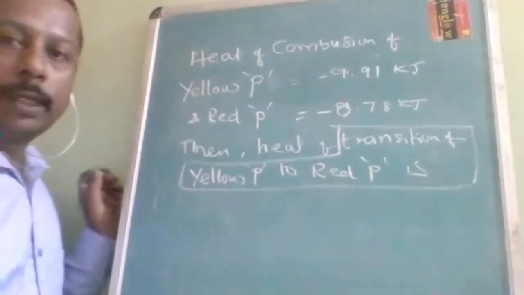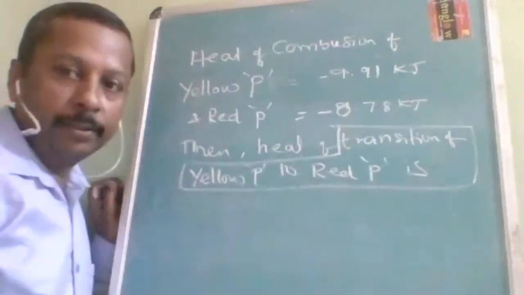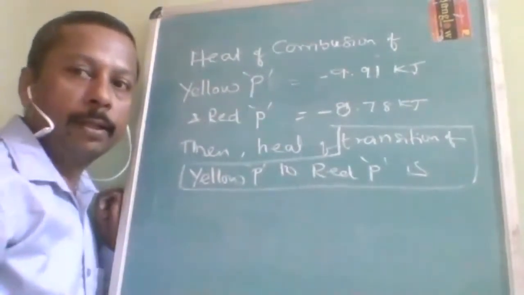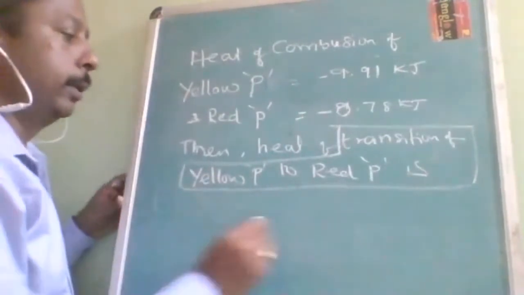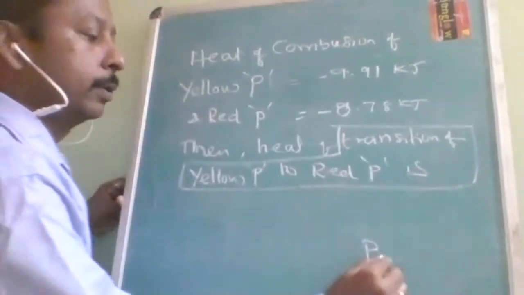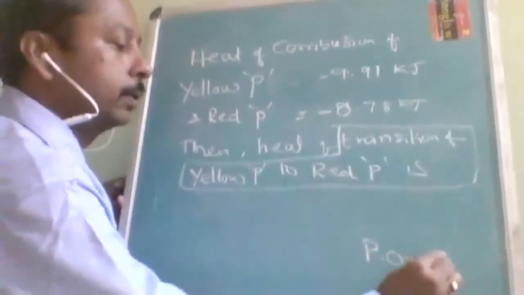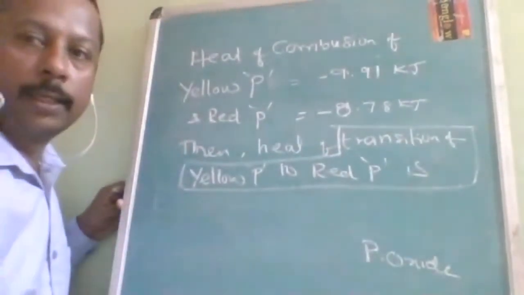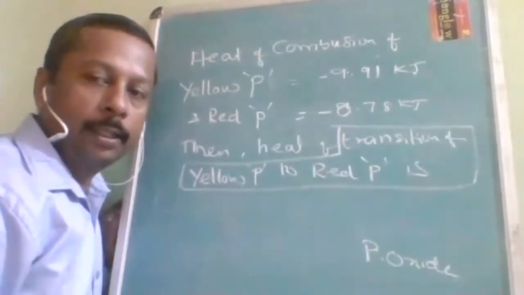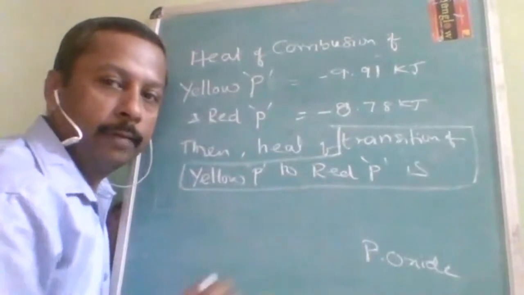Very good, answers are coming now. Now they are correct; earlier the wrong answers were displayed. See here, ultimately we have to find the phosphorus oxide. On combustion of any element, it will give some oxide.